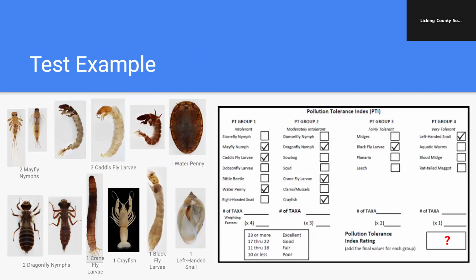Given that principle, here's an example of a completed analysis. You've got two mayfly species, three caddisflies, a water penny, two dragonflies, one cranefly, one crayfish, one blackfly larvae, and a left-handed snail. We've already filled this out. Based on this pollution tolerance index area, what would be the score? I'll give you a couple minutes to fill out the answer, and then we'll take a look.